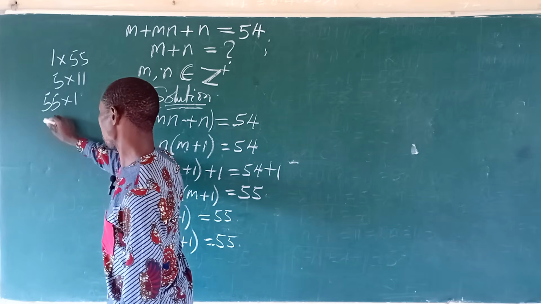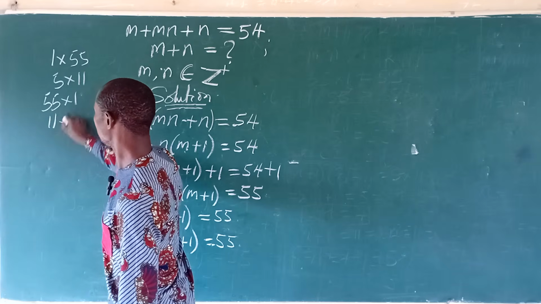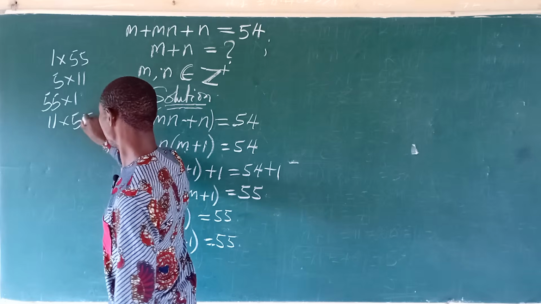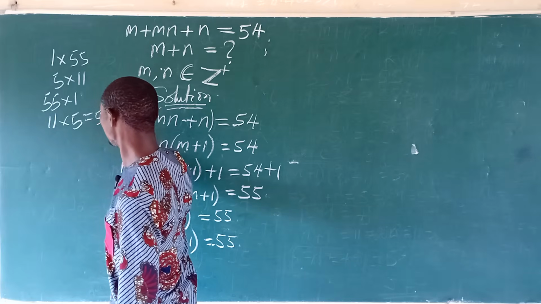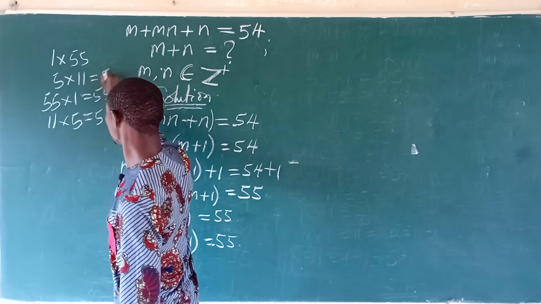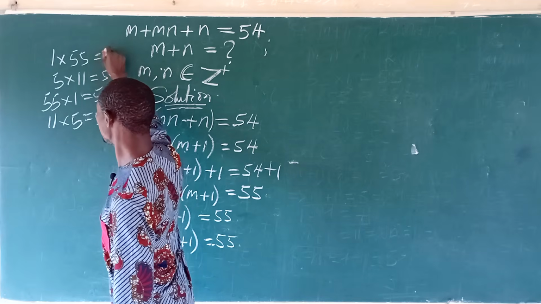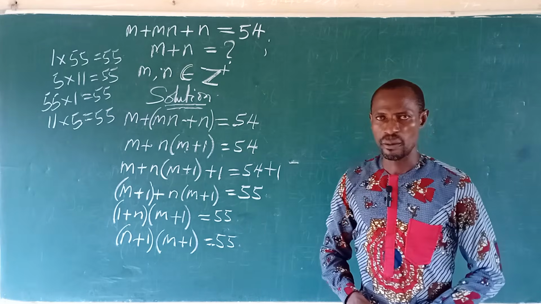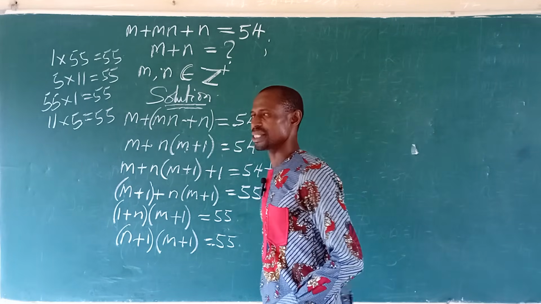And at the same time, we can equally have it as 11 times 5. Everything here will give us 55. So are we going to use all these case scenarios?